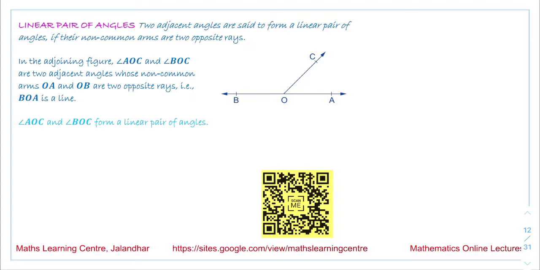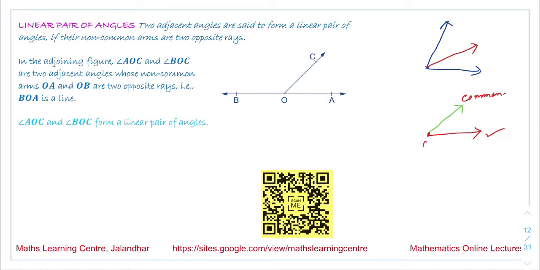In the last definition this is the common arm and we have drawn the non-common arms over here. Now in this definition, this is the common arm, this is the first non-common arm we have drawn, and the second non-common arm is the opposite ray.